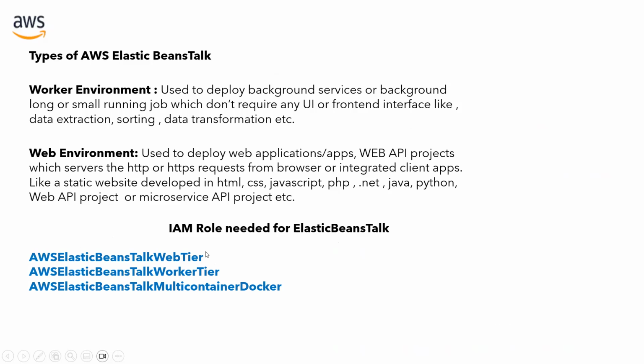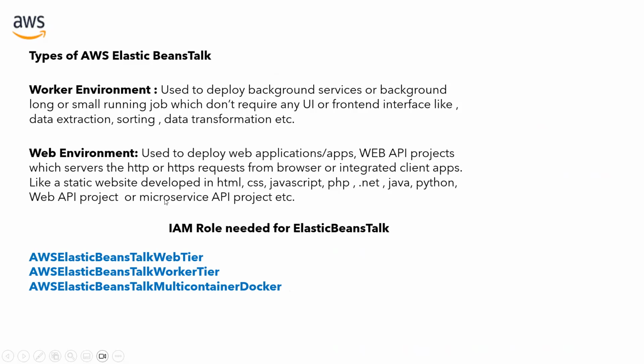Even with the web environment, there are two options, with container mode and without container mode. If we are going to deploy a containerized application, the role which we are selecting should have the AWS Elastic Beanstalk multi-container Docker permission.